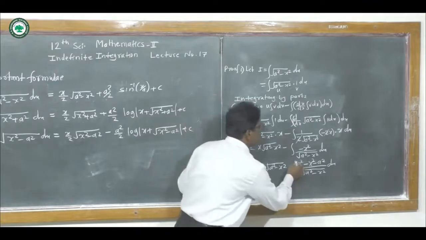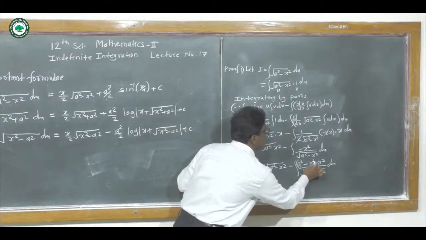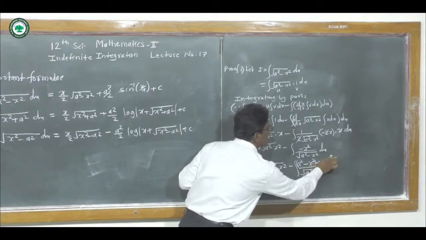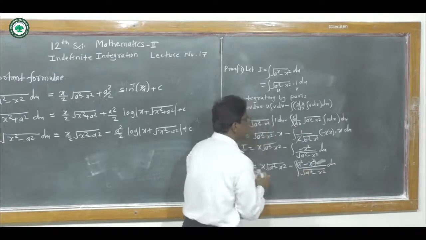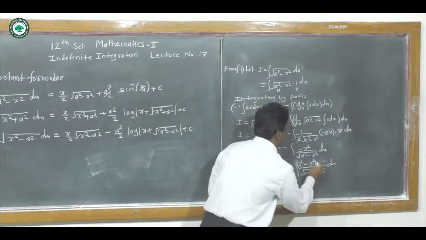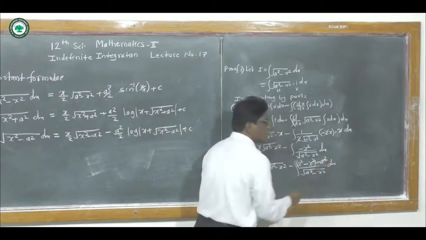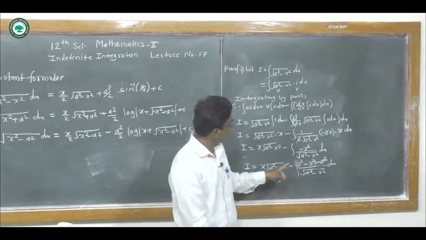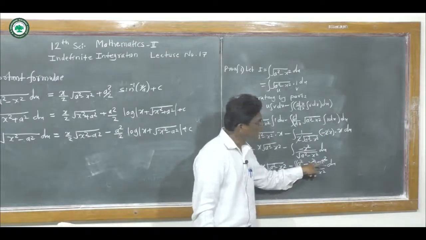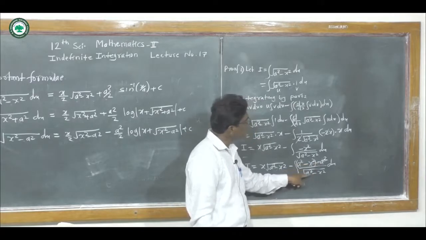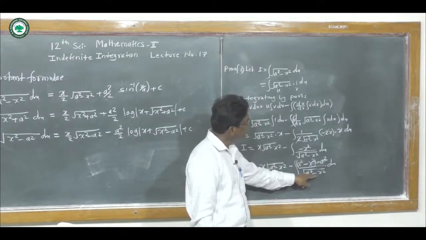And now here we consider this a square minus x square as one part, and this minus a square as another part. So in the numerator we consider two parts in bracket, a square minus x square and minus a square. So we divide this first part by the denominator and this second part by the same denominator.